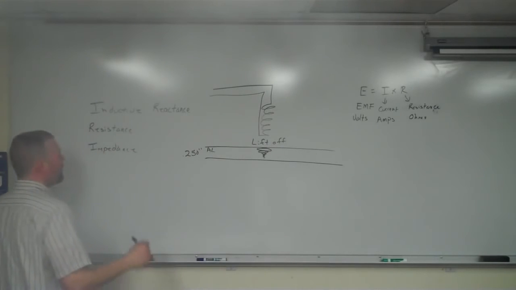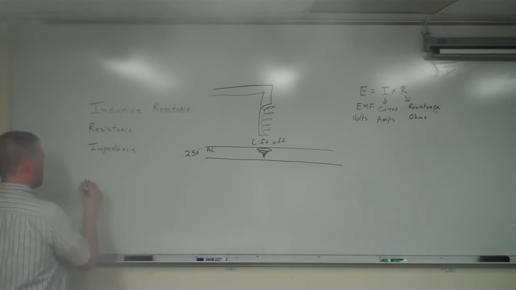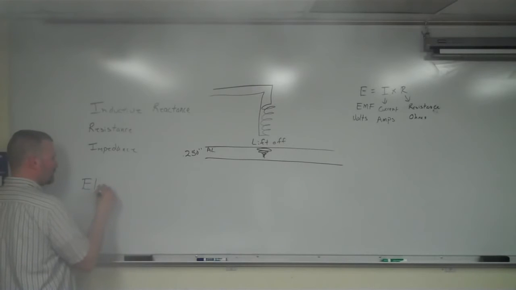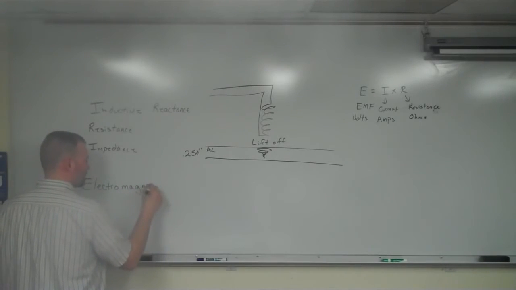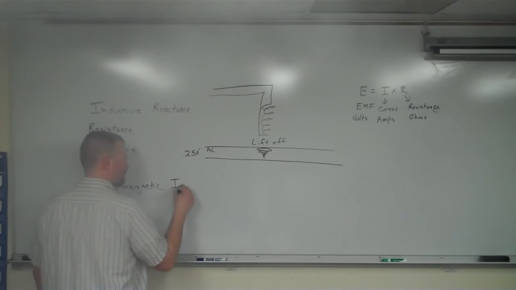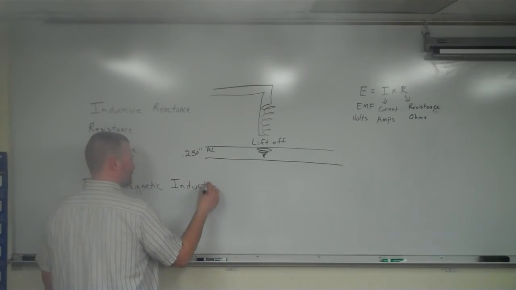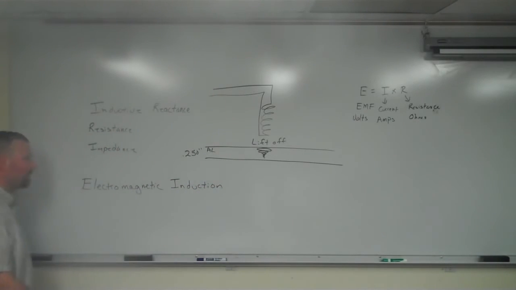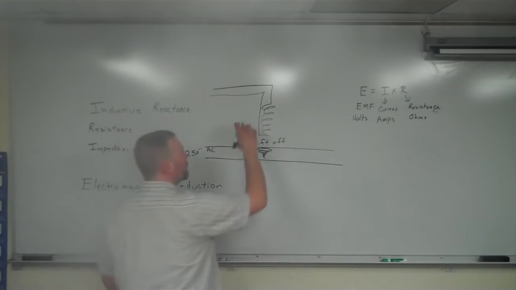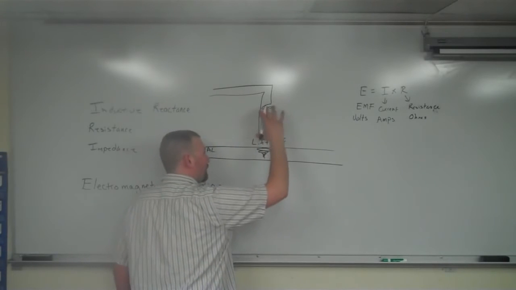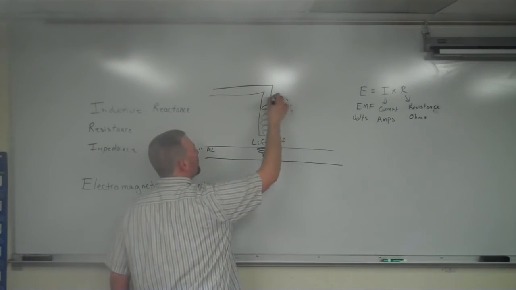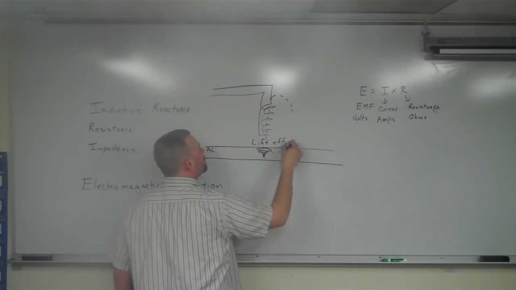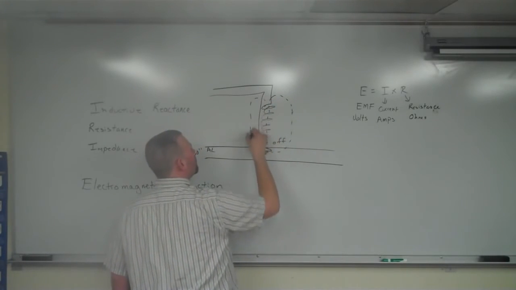We do that by the process you've already been reading about, electromagnetic induction. If we're flowing current through here, by the overall makeup of this coil, we're going to have a fairly large magnetic field outside of that coil.